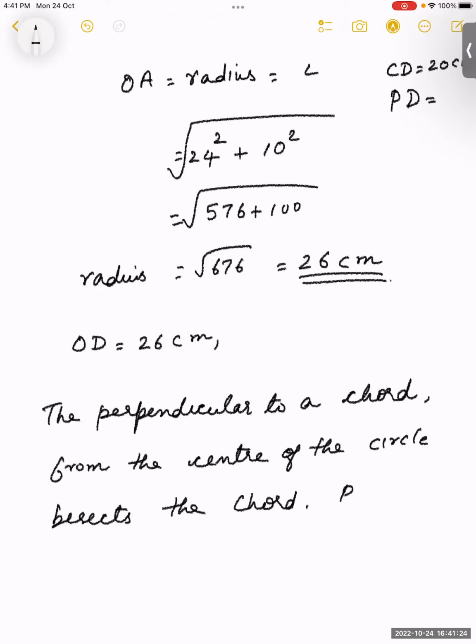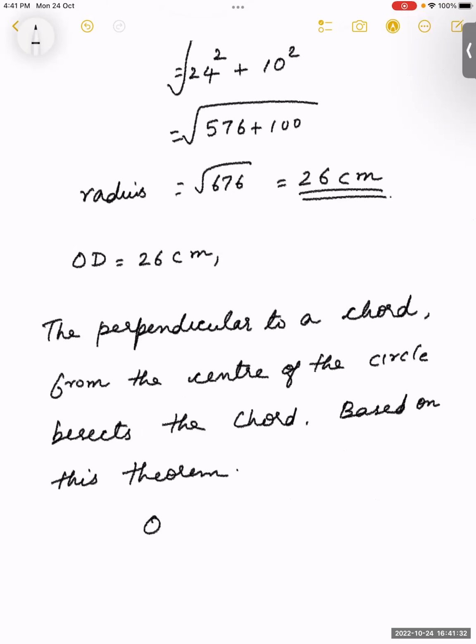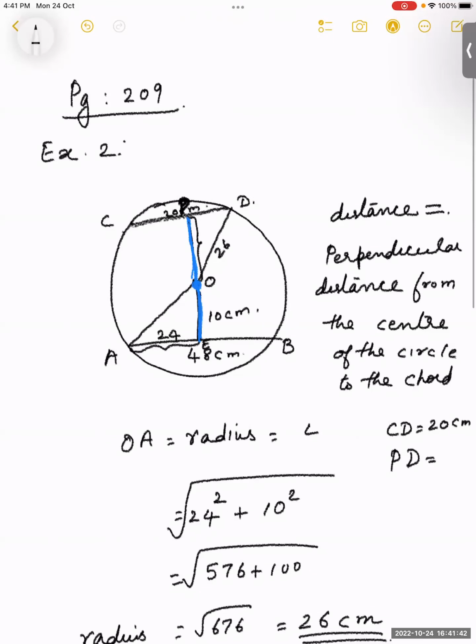Okay. Based on this theorem, OP bisects CD.